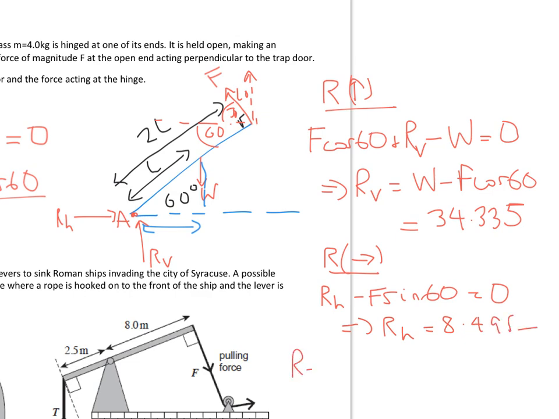Remember that R is going to be the vector addition of those two, so RV squared plus RH squared, and if you calculate that, we end up with a value of 35 newtons as the reaction force from the hinge by using the vector addition of the two components.